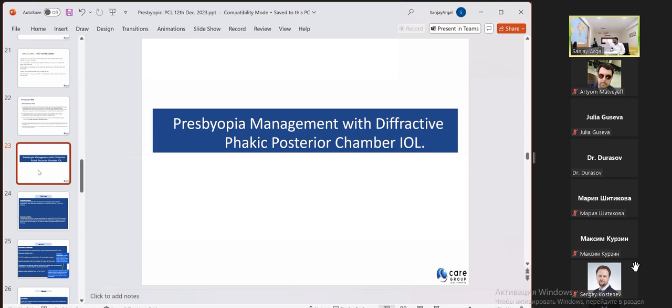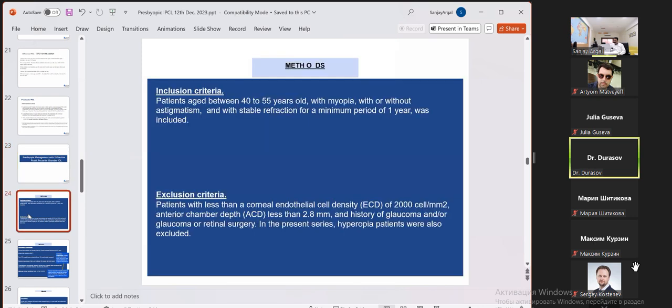So this is a small study conducted by one of the Argentinian doctors and published. So he advised the inclusion criteria and the exclusion criteria. So it is the same as we have discussed.